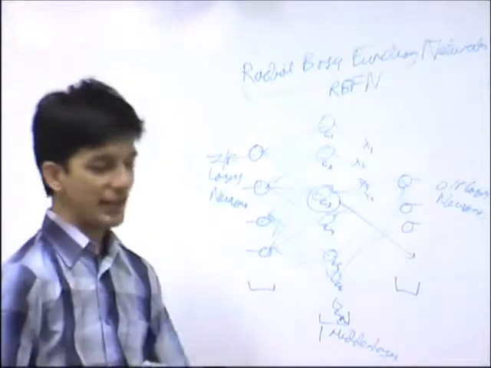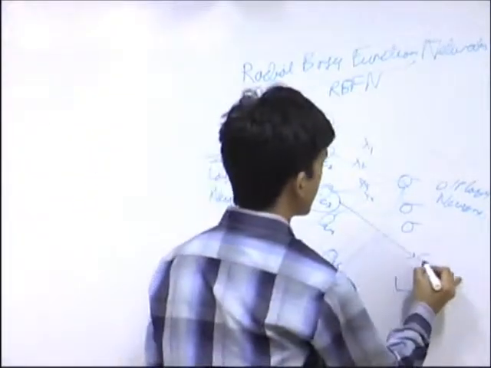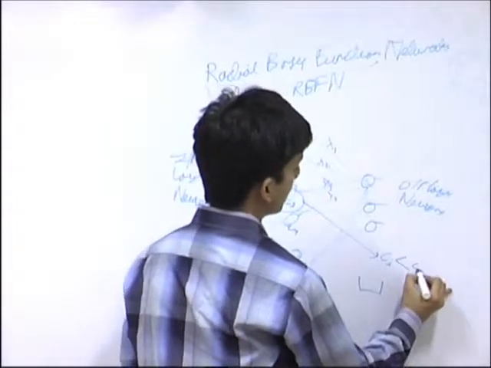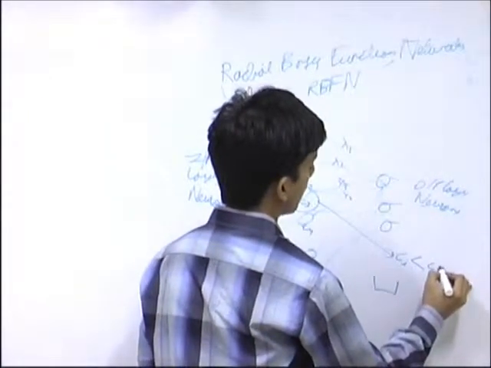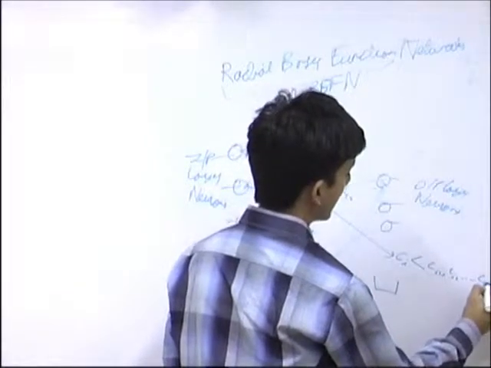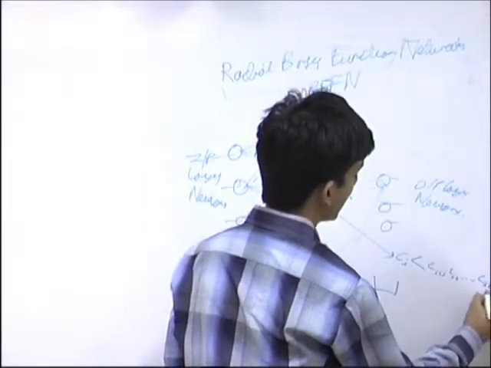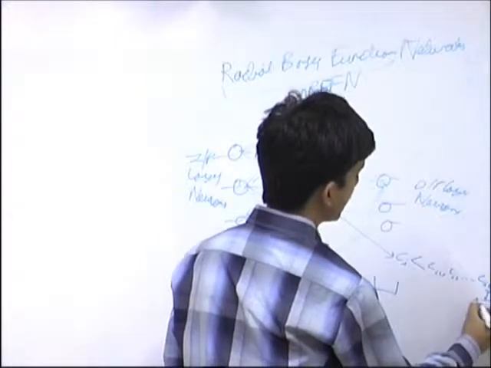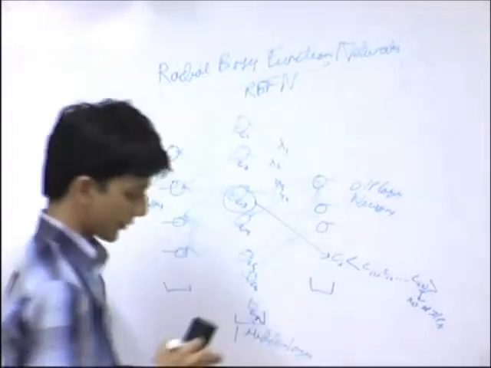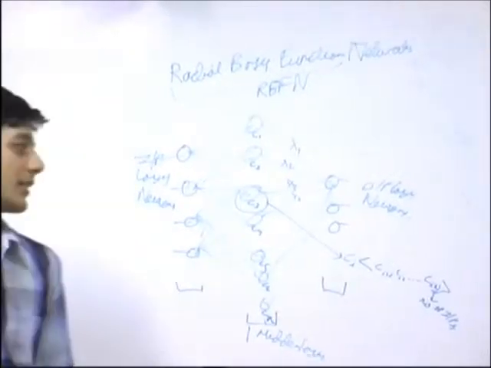Any of these Ci is nothing but a vector of the form Ci1, Ci2 up till CiN, capital N, where N is the number of inputs that we had. And of course we'll see later why it is exactly this.